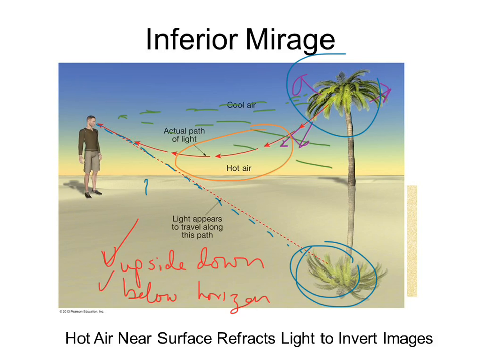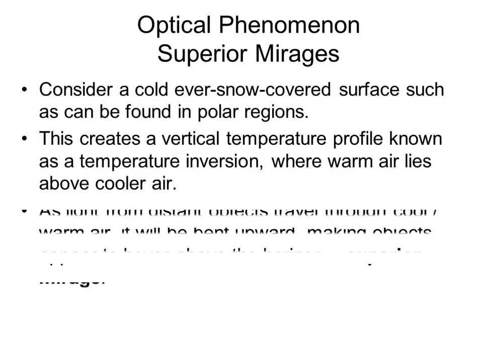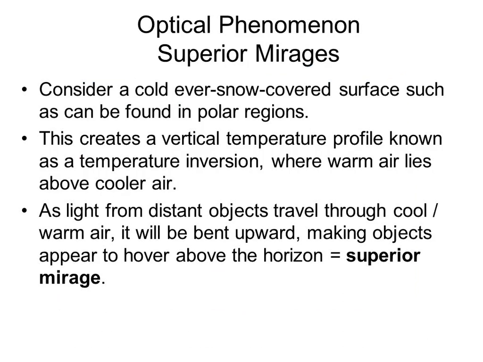So basically, that's how that works. An inferior mirage. So a superior mirage, I really can't relate to this. But a superior mirage, I'll go ahead and underline it here, you are actually going to see the object hover above the horizon, okay, and it will not be inverted.